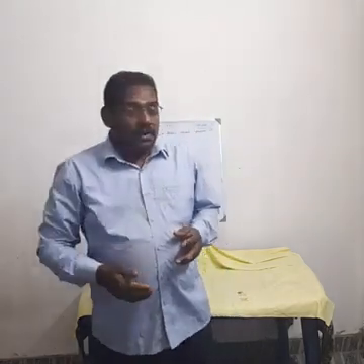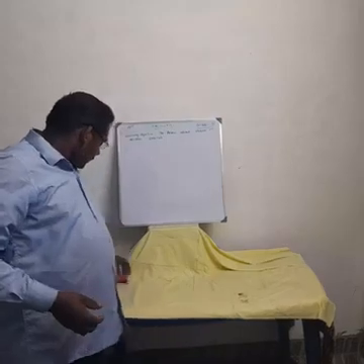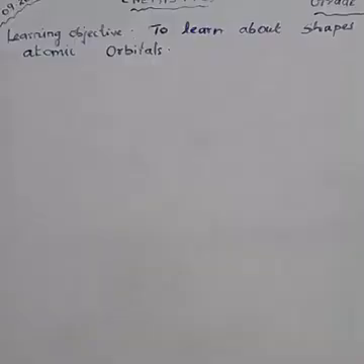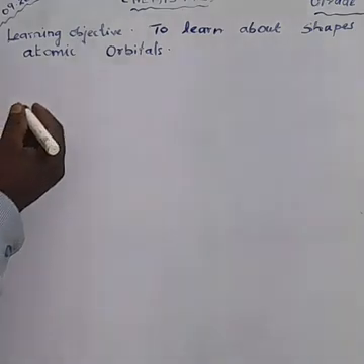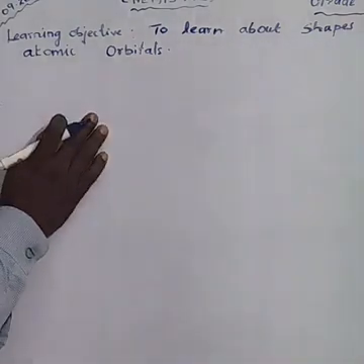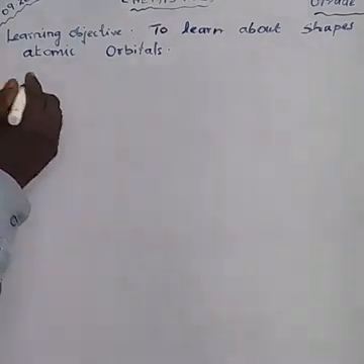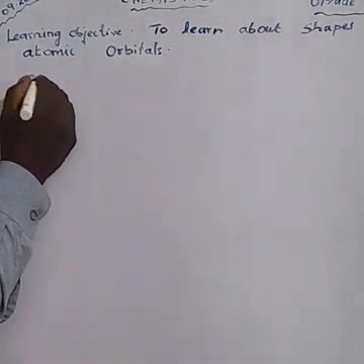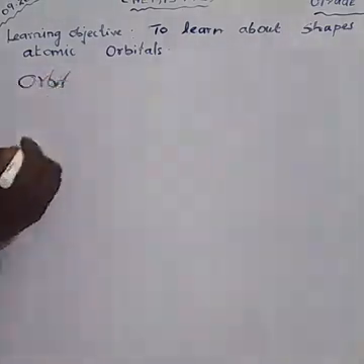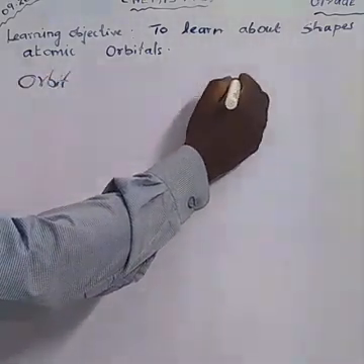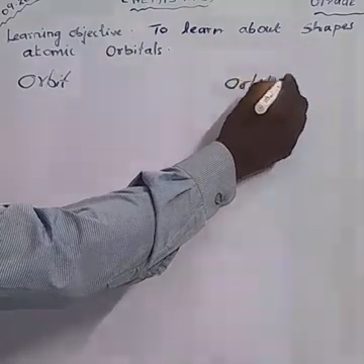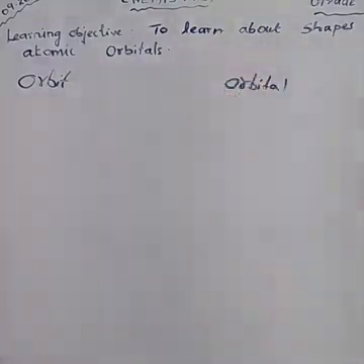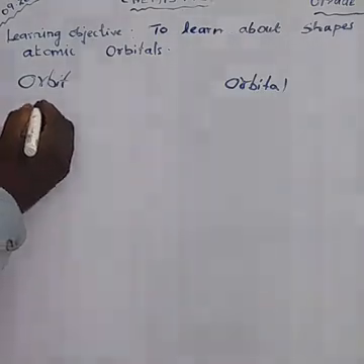Okay, please all of you take your notes, and we will see how the electrons are occupying. Just a few examples. The difference between orbit and orbital: orbit refers to shell.